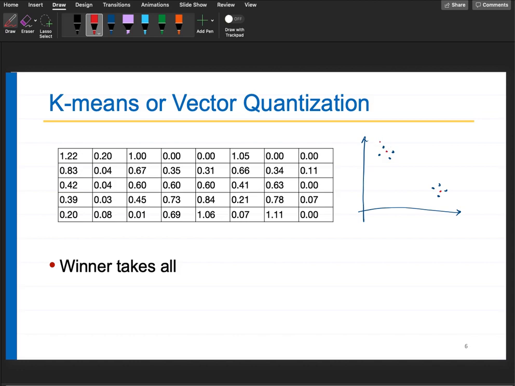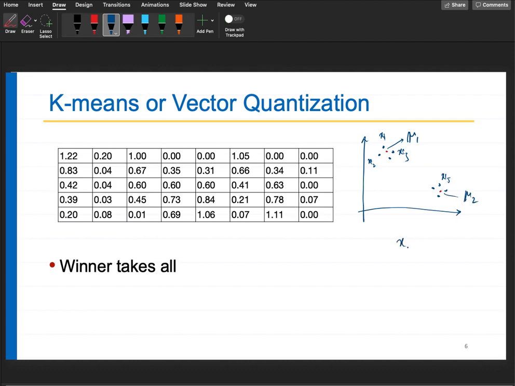This is my point x1, this is x2, these are vectors, x3, and let's say this is x5, and this point is mu1, and this point is mu2.